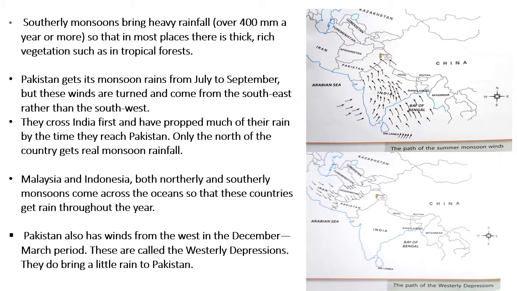Pakistan gets its monsoon rains from July to September, but these winds are turned and come from the southeast rather than the southwest.